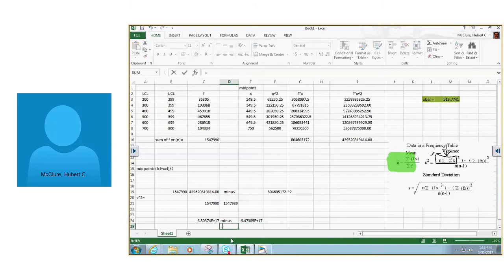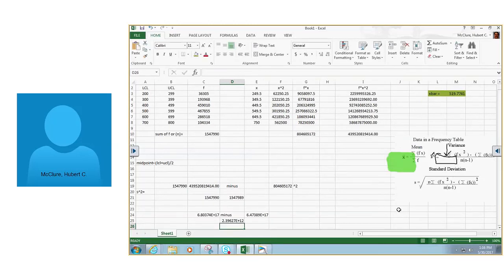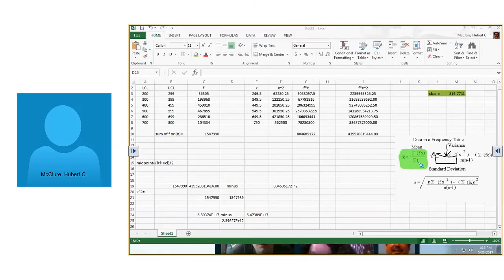Over this number times this number. All right, check your numbers and see what you come up with. N times what? N minus 1. So take n, there's n, and then n minus 1.